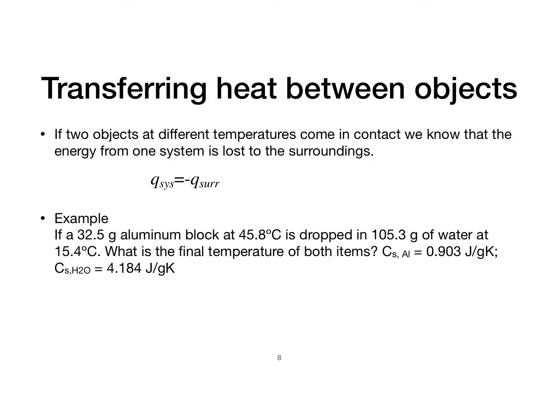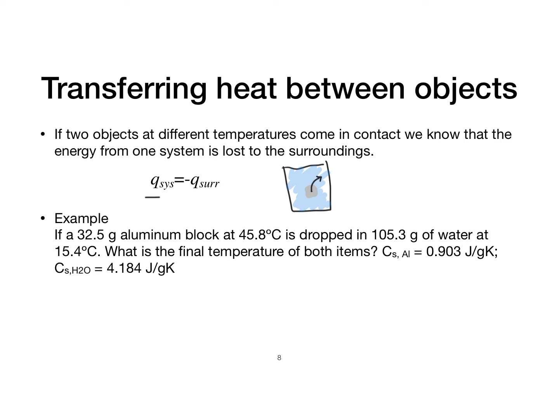So we can also start to think about transferring the heat between two objects. If we were to have a system in a surroundings, where in the example below, we're going to have a cup of water, and then we're going to drop into it a tiny little cube of aluminum. And so what we need to think about is the fact that the energy that goes from the aluminum to the water is equal to the lost energy from the water.